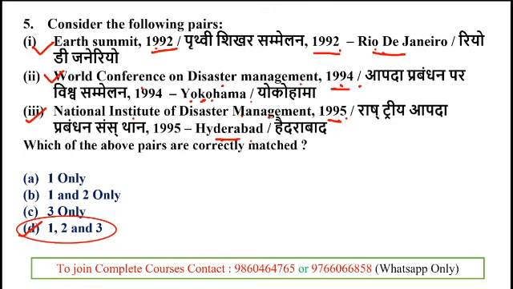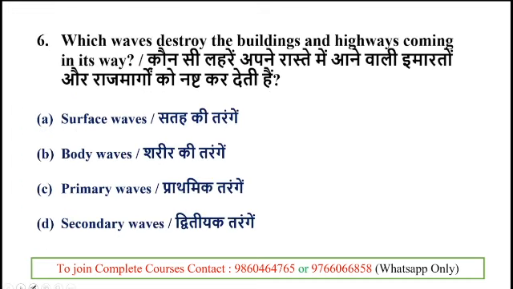NIDM. Clear. And then the next question: which waves destroy the buildings and highways coming in their way? Clear. There are two important waves. One is body waves and the other is surface waves.